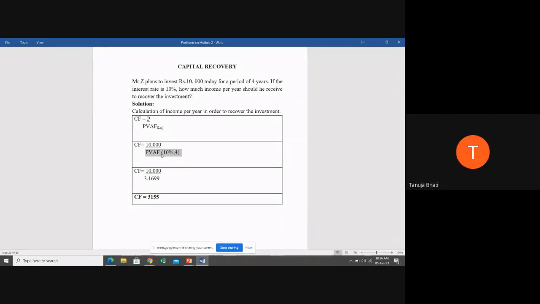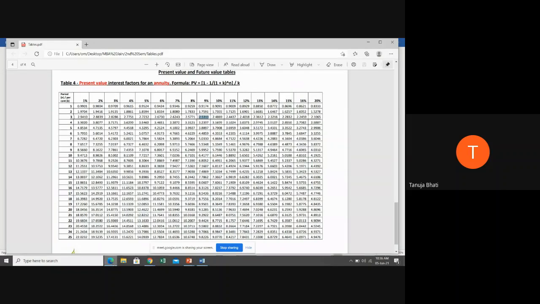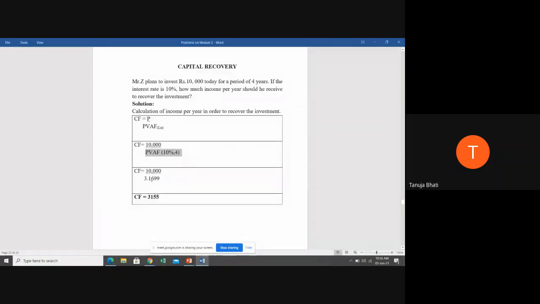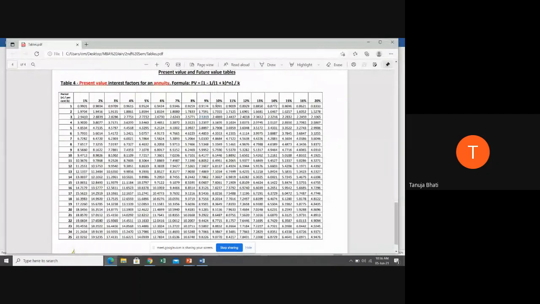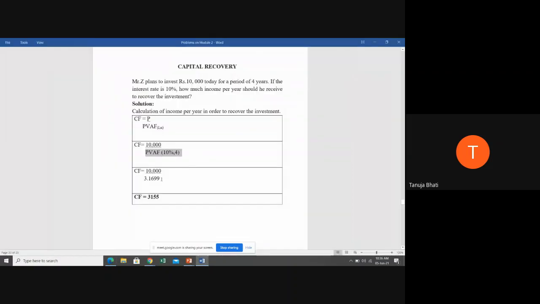Fourth. So we go to table number 4, that is 10% for 4 years, which is 3.1699. When you divide 10,000 by 3.1699, you get the cash flow as 3155.